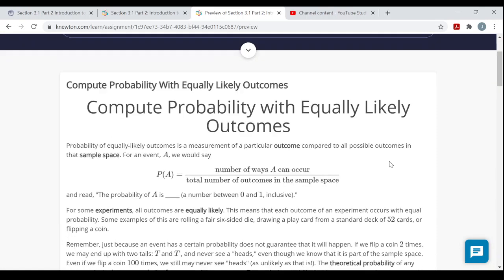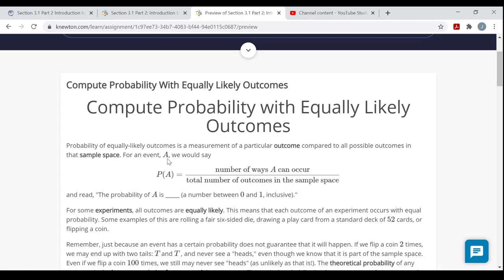Here we've got some reading. Compute probability with equally likely outcomes. Probability of equally likely outcomes is a measurement of a particular outcome compared to all possible outcomes in that sample space.